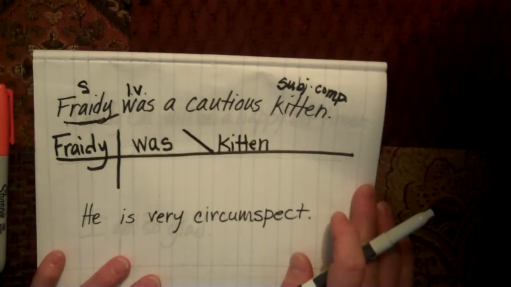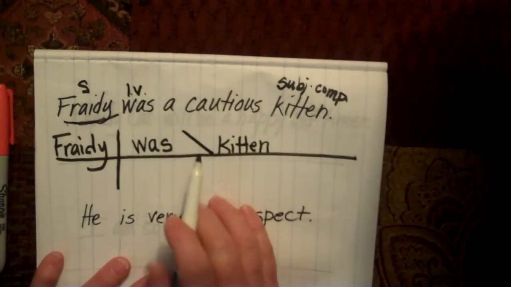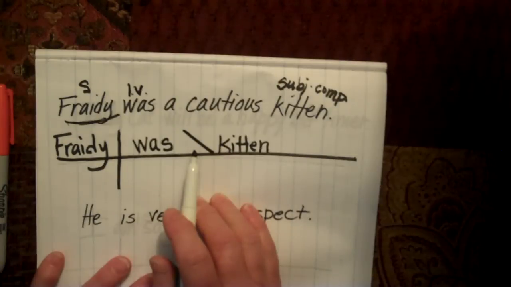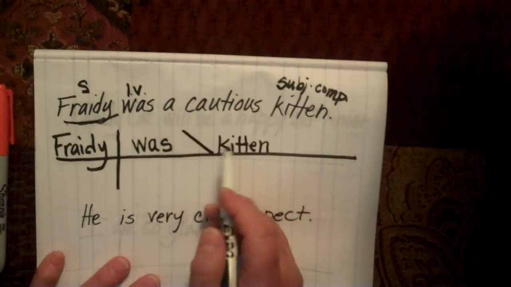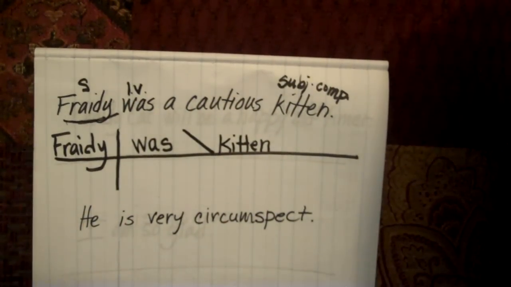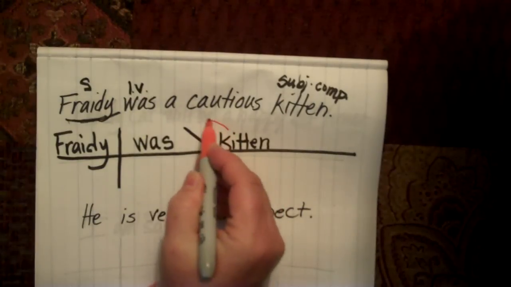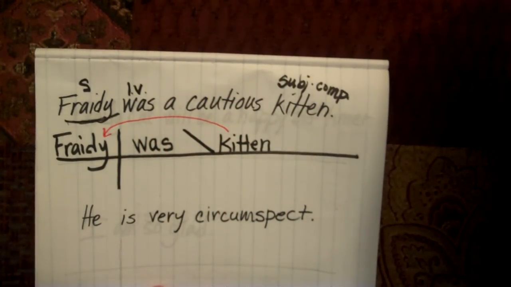Why the dudes who created diagramming would have had that line slanting? Think of any reasons? Why not straight again? Well, for one thing, you would think it was a direct object, wouldn't you? For another thing, it indicates that this is related to something previous. It's related to the subject.